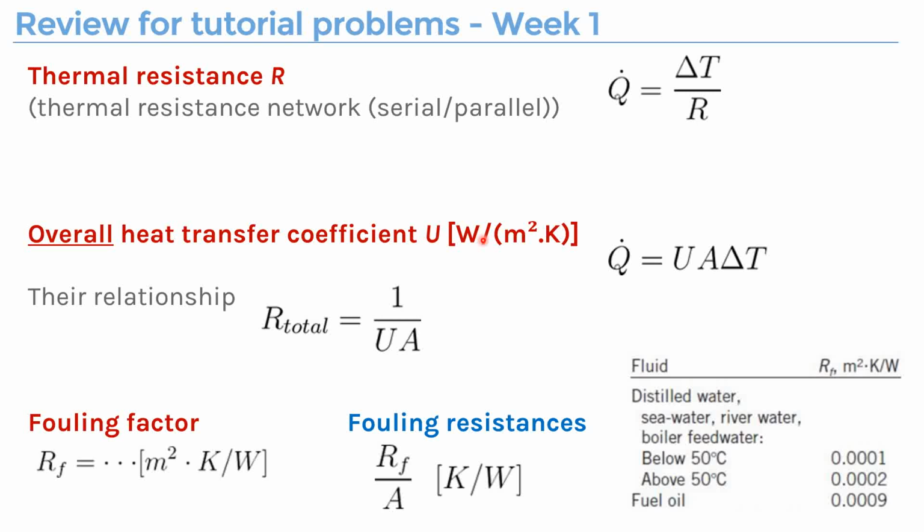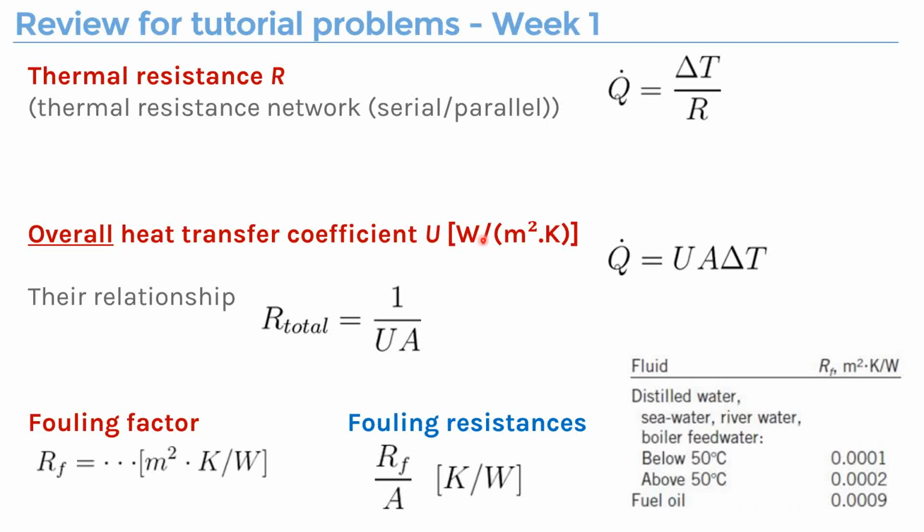But here, this could contain conduction as well, because U is the overall heat transfer coefficient. Although this is a new term, you will find it's really simple, because if we utilize these two concepts, the U value is just 1 over RA, or R is expressed as 1 over UA.